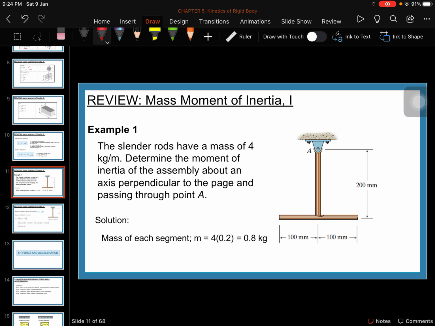Determine the moment of inertia of the assembly about an axis perpendicular to the page and passing through point A. The mass of each segment is m equal to 4 times 0.2, which equals 0.8 kg. Be alert with the unit for mass from the question, which is 4 kg over m, so you must multiply with m, or distance.